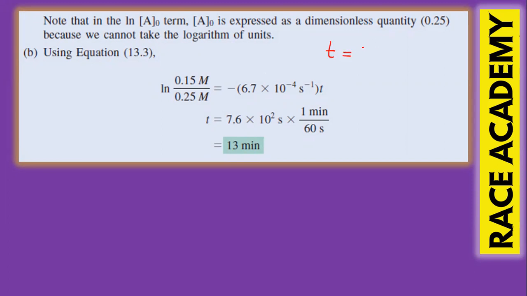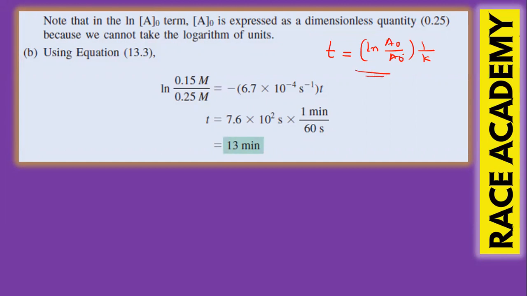So T is equal to ln A naught by AT into 1 by K. We'll use this expression.